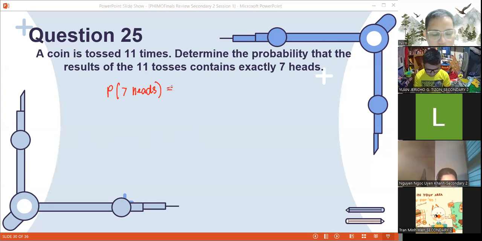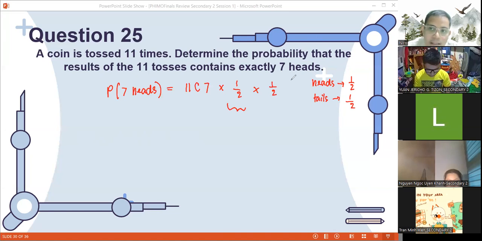Heads. So first, out of 11, you choose 7, times 1/2 times 1/2. Your heads would be 1/2 ways and tails would be 1/2 ways, right?